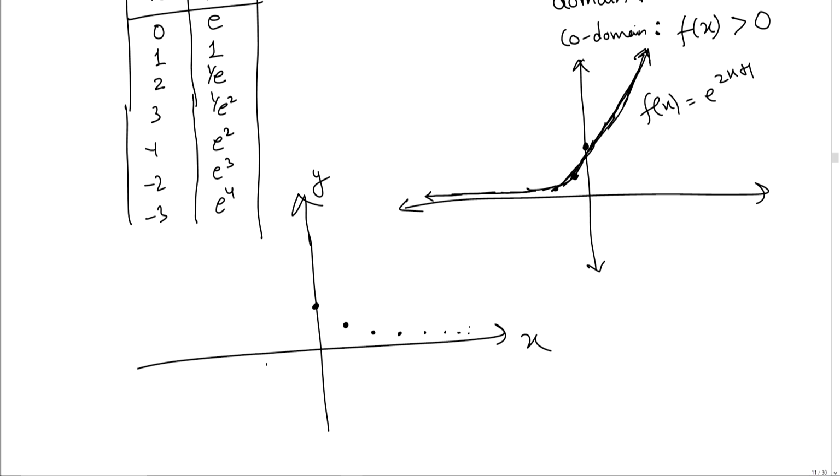So this is how it goes on this side, and on this side this will keep increasing. Let's say this is e square, this is e to the power 3, e to the power 4, and so on. If you join these dots, this is what you will observe. This is the graph of the function e to the power minus x plus 1.